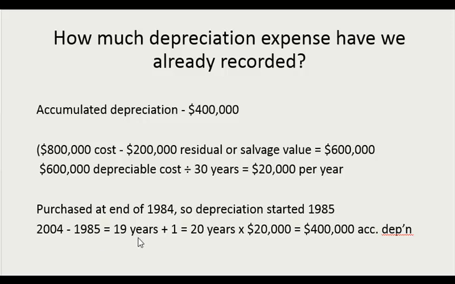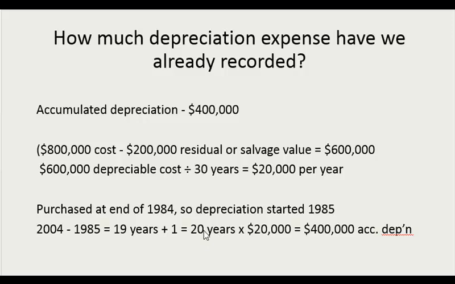That difference is 19 years, but it doesn't take into account the fact that we recorded depreciation both in the starting year and the ending year. So since this is just the difference, we need to add one more year. And that tells us that we've taken depreciation for 20 years total thus far. You can also count on your fingers, starting with 1985 and ending with 2004, and you'll see that in fact 20 years have gone by.